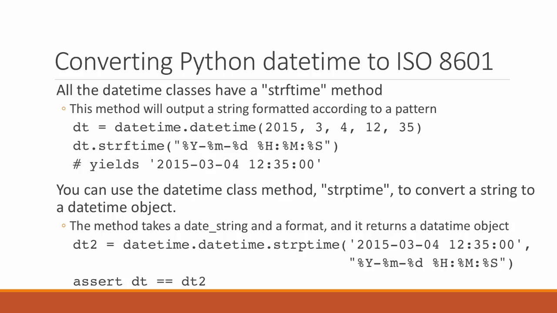I can say, hey, I want to make a new datetime.datetime object. strptime takes in an ISO 8601 representation, as well as the same pattern up above that specifies, hey, my string has year, month, day, hour, minute, second. And if you did everything right, the datetime that you made up above by actually specifying hour, minute, second, and the datetime that you made from the ISO 8601 representation will be identical to each other.